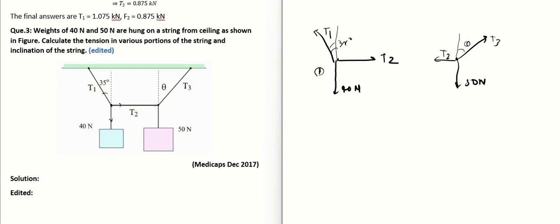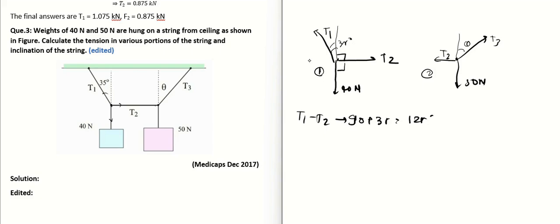So let us call this as node 1, this is node 2, and we have this angle as 90 degree, which makes the angle between T1 and T2. So let us say the angle between T1 and T2 is nothing but 90 plus 35, which is nothing but 125 degree. And then the angle between T2 and this 40 Newton force is 90.